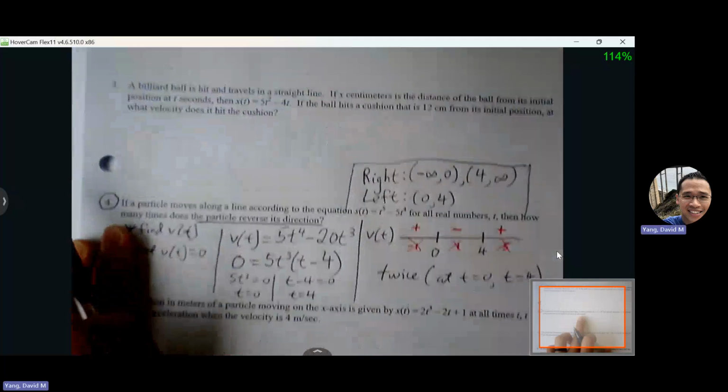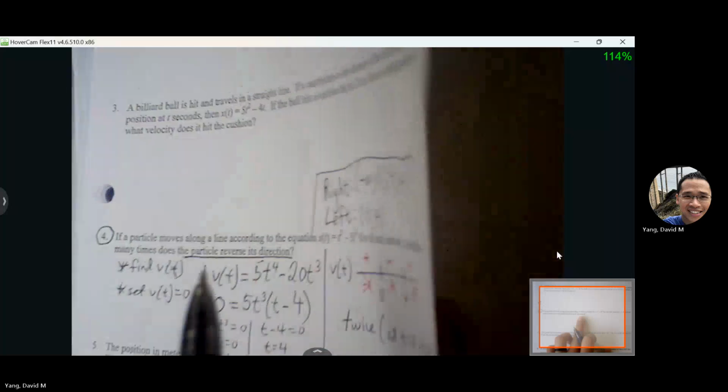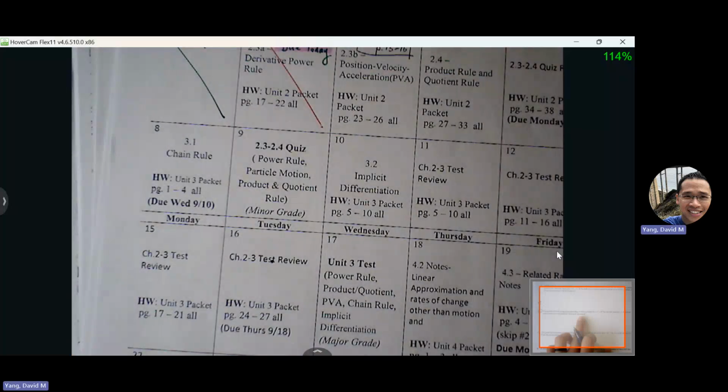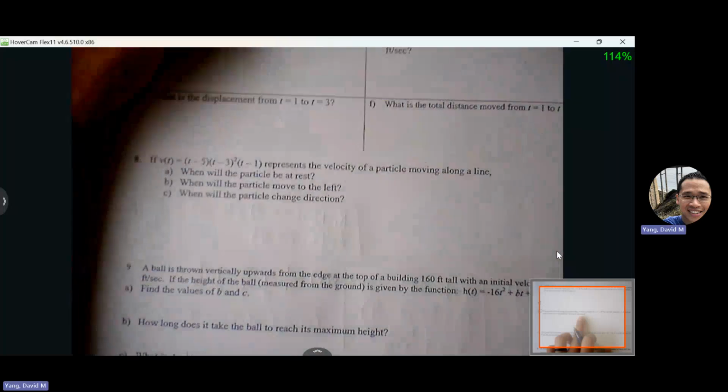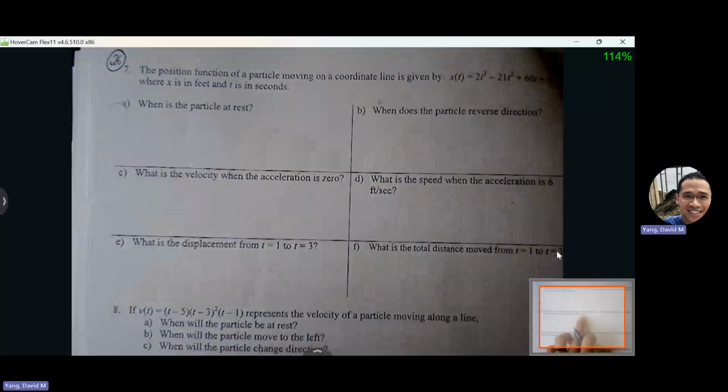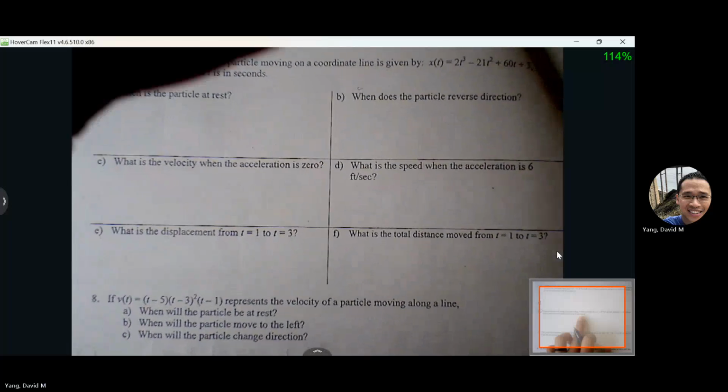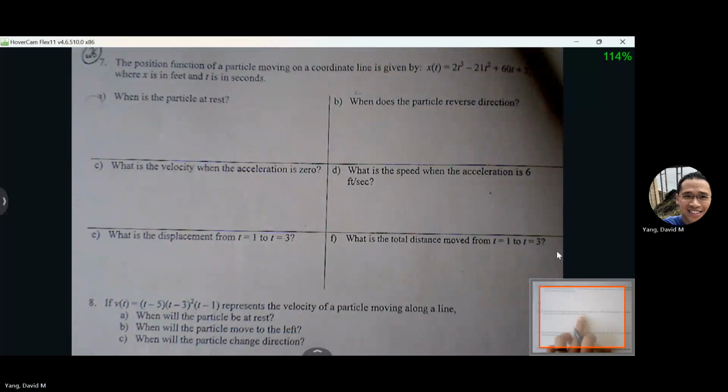Let's do a more extended problem here. Page 26. How many problems are we going to have about particle movement?